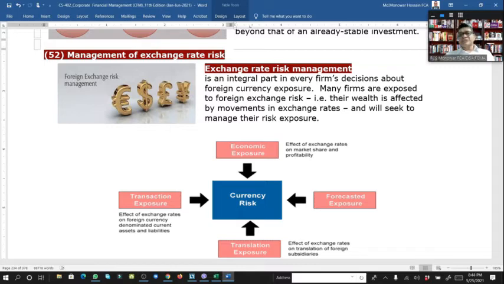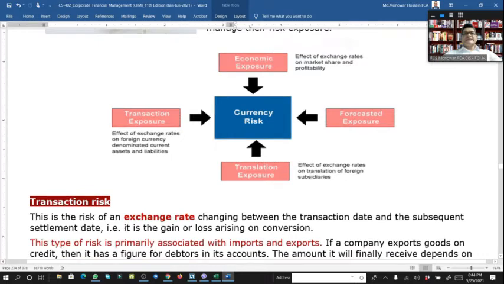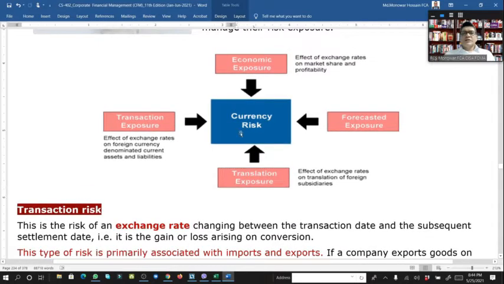Many companies are exposed to foreign exchange risk, that is, their wealth is affected by movement of the exchange rate, and they will seek to manage their risk exposure. So here, currency risk: economic exposure is the effect of exchange rate on market share and profitability.